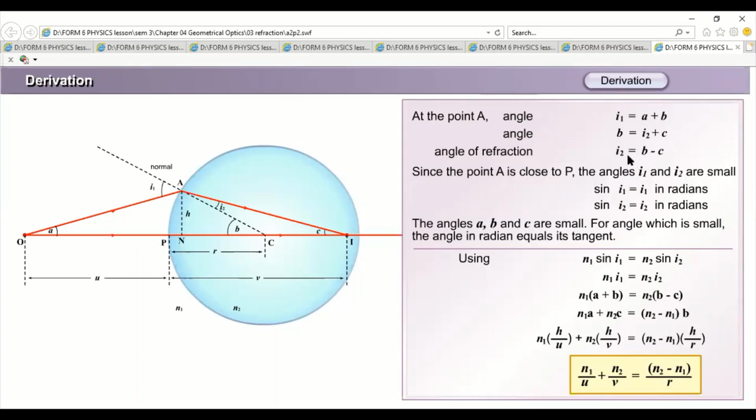By substituting I1 and I2 into the formula, we get N1 A plus N2 C equals N2 minus N1 times B, where N1 h over u plus N2 h over v equals N2 minus N1 times h over R. As a result, we get N1 over u plus N2 over v equals N2 minus N1 over R, where N1 is the refractive index of medium 1, N2 is the refractive index of medium 2, u is the object distance, v is the image distance, and R is the radius of the curved surface.